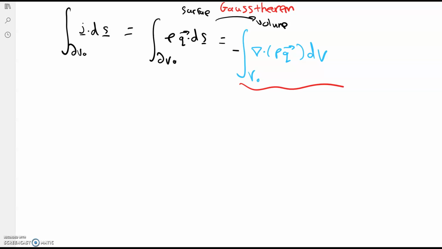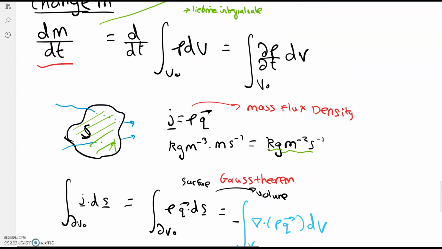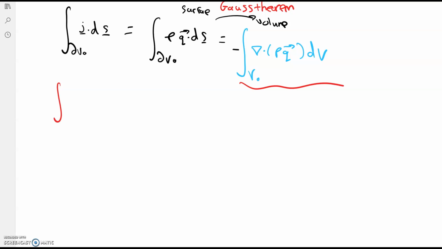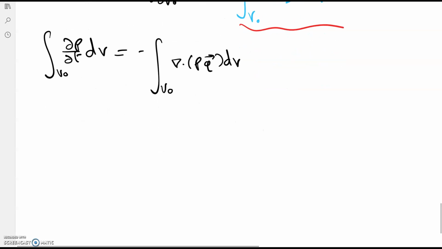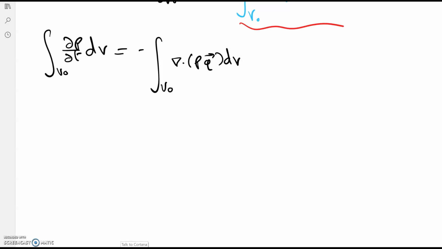So we're going to equate these. We have this formula from earlier, dV is equal to our new formula, thanks to Gauss. So we equate these, and since it's an arbitrary volume V0, they're both over the same domain.